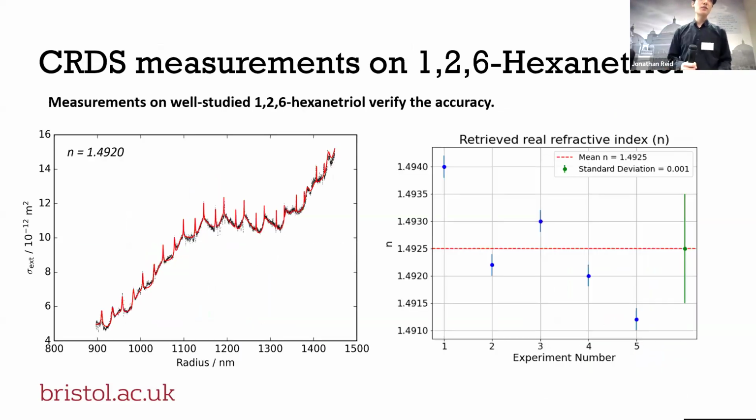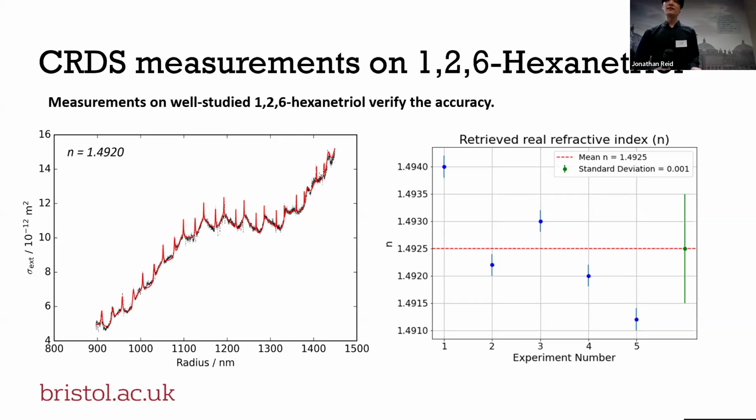At early stages, we've successfully performed cavity ring-down measurements and vapor pressure measurements on pure 1,6-hexanediol and a series of PEGs. The left panel shows cavity ring-down results on the 1,6-hexanediol droplets. Those black dots are the evolving extinction cross-section with radius, and the line shows the best fit predicted from Mie theory.